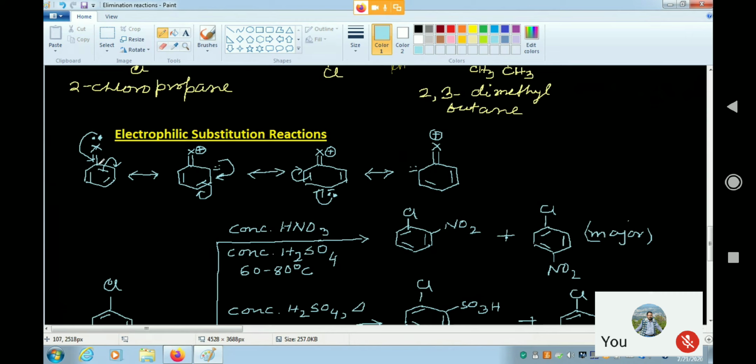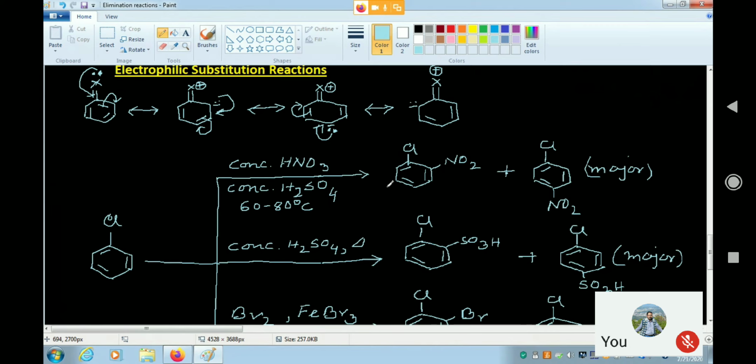So due to donation of electrons into the ring, it is becoming partially active, and the ortho and the para positions are becoming negative, having extra charge. So in the electrophilic substitution reaction, the electrophile can come to join at the ortho and para position.